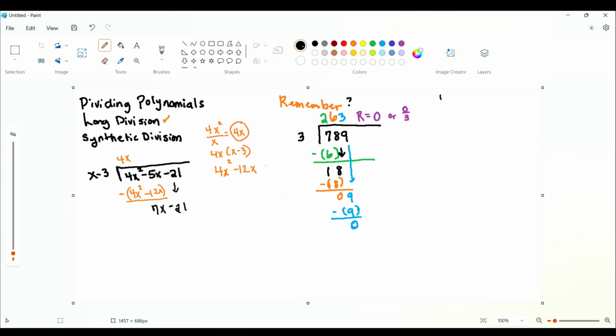We then repeat the process, focusing on the first term. So if I take 7x and divide by x, the result is 7. Multiply 7 by the quantity x minus 3. That gives me 7x minus 21.